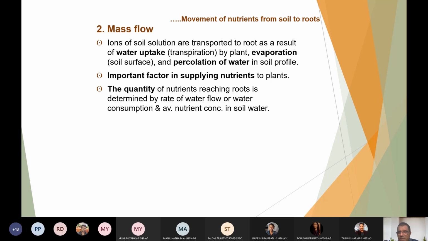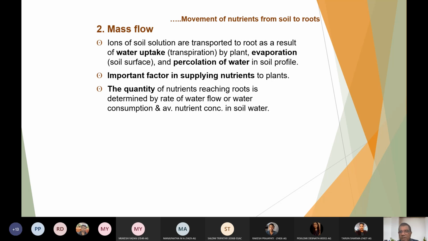When transpiration and evaporation happen, there may be a shortage of water, so water will come from other areas of the soil. That way the nutrients move from the soil solution to the plant root.